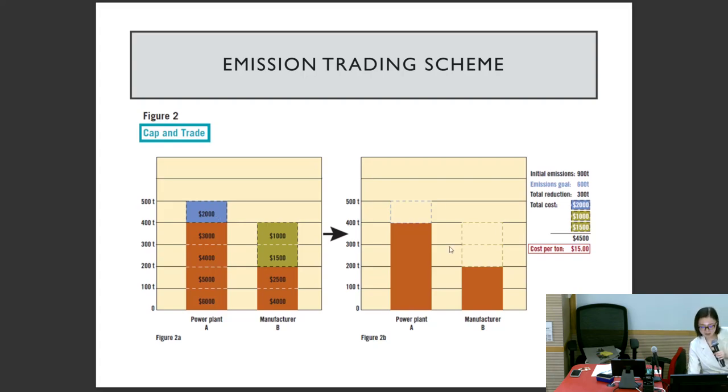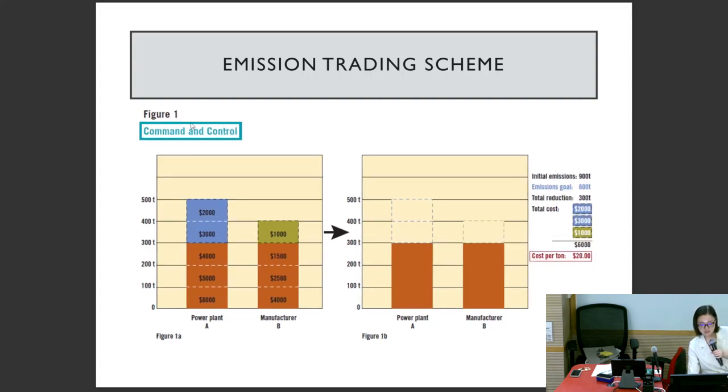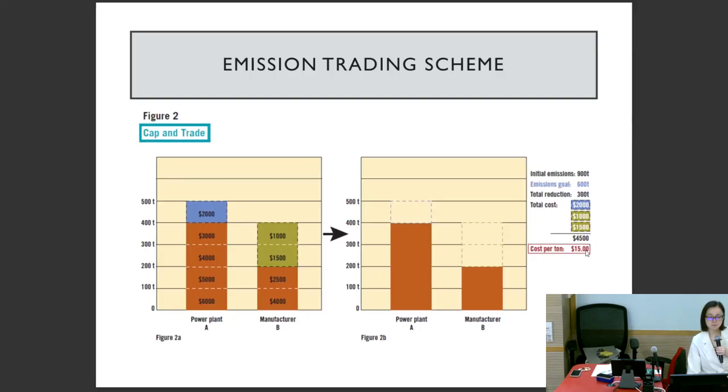So comparing to earlier, for command and control, we reduce 300 tons of carbon dioxide, right? And then the total cost is $6,000. And now by using the cap and trade system, we are also reducing 300 tons of carbon dioxide. But the cost would be cheaper.